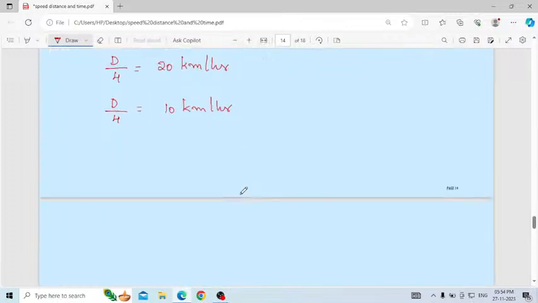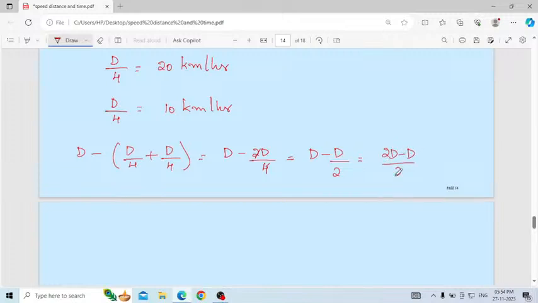Then the remaining rest, how will you calculate? D minus D by 4 minus D by 4. Otherwise directly you can consider D by 2 also, but I will tell how to. 2D divided by 4, then D minus D by 2 is nothing but D by 2.